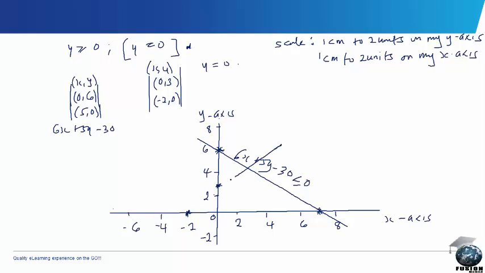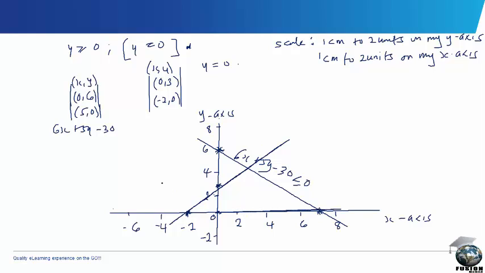Alright, the line is not so perfect, but we can manage that. When y is 0, it's on this line on x. So this is y is 0.